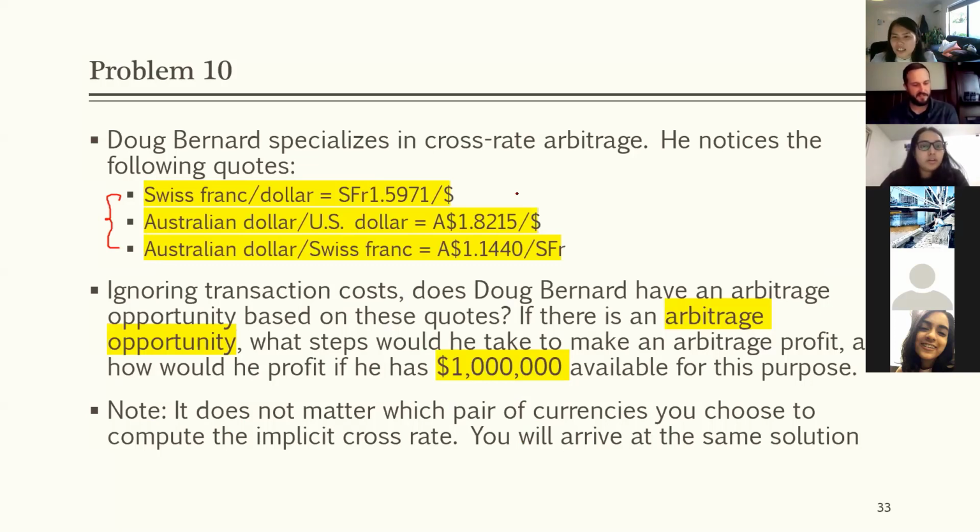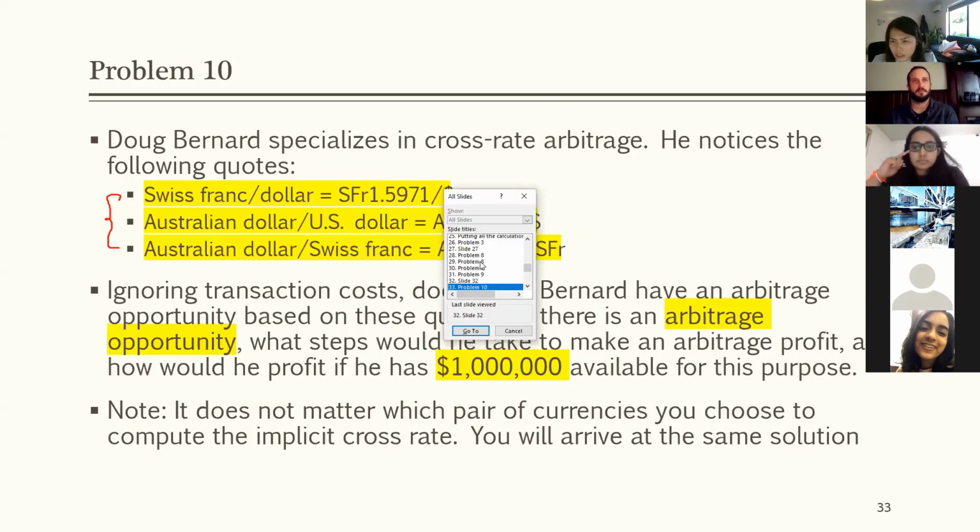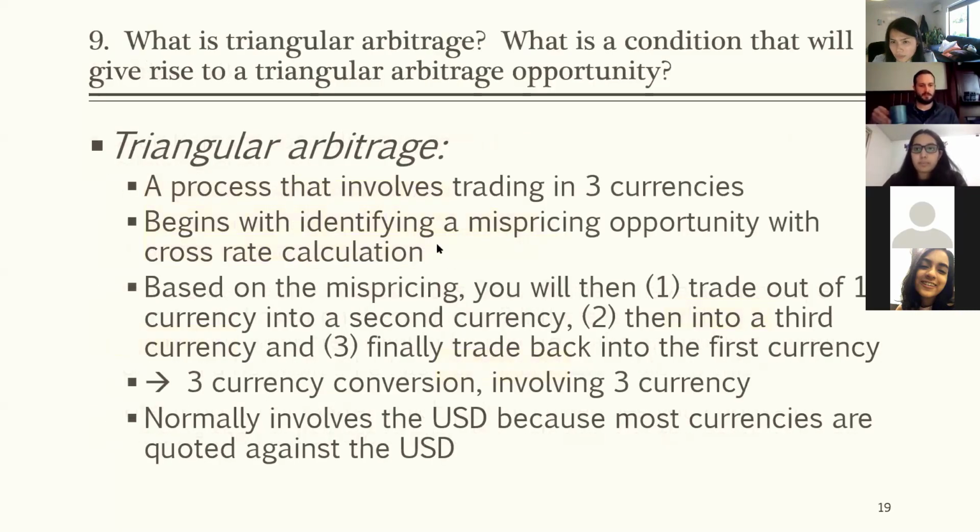So in this case, we have a cross-rate arbitrage question. Before we go on to the calculation, let me briefly talk about what cross-rate arbitrage is. Cross-rate arbitrage, or triangular arbitrage, is when you have three currencies involved. Similar to any arbitrage strategy, the first step is to identify a mispricing.